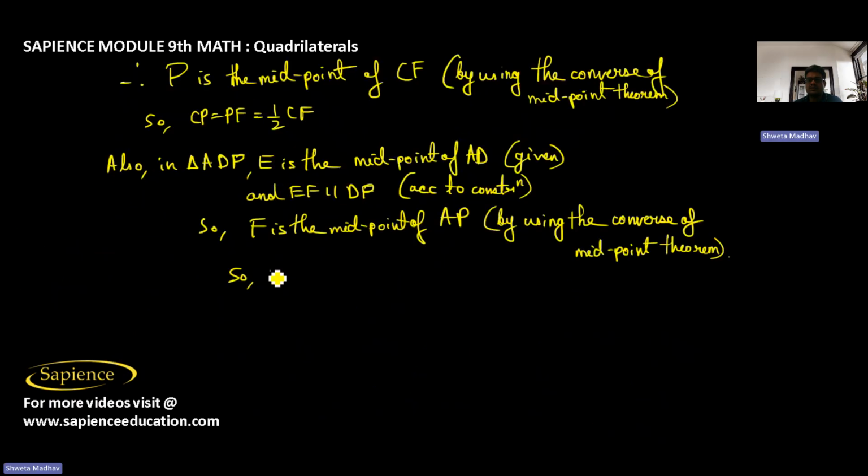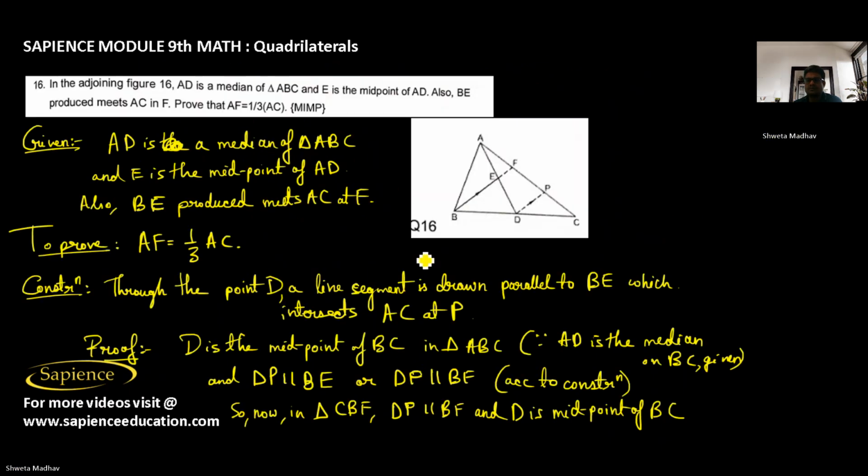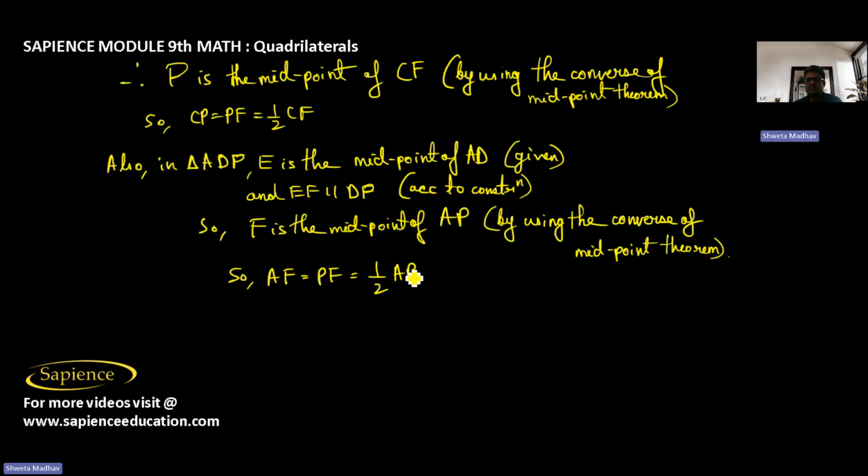So we can say that AF is equal to PF, which is equal to half of AP.